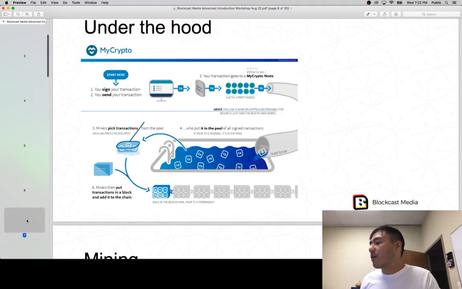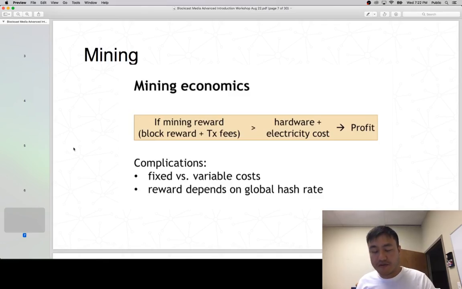I'm going to quickly talk about mining. So you've all heard of the concept of Bitcoin mining and just cryptocurrency mining in general. So what the miners are doing is they're sort of the people with the hard infrastructure to actually process and create the new blocks on the network.